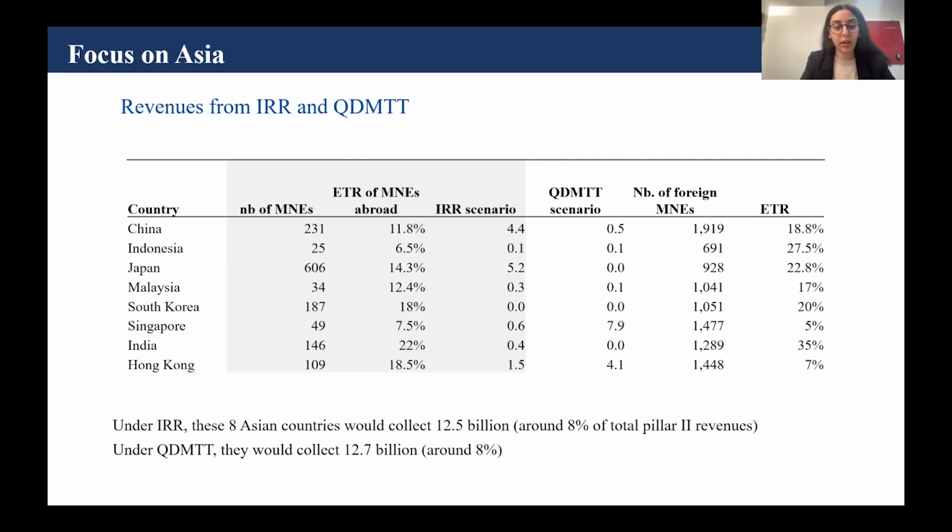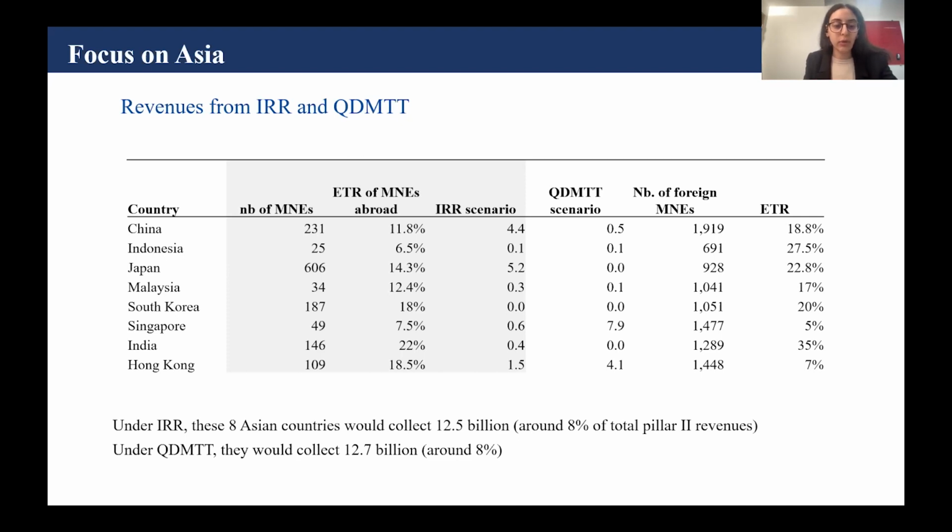And under the IRR scenario, Singapore would collect 0.6 billion. Now, if we move to the QDMTT, what we also observe in the data is that there are around 1,477 multinationals operating in Singapore. Their ETR is on average 5%, and that's why Singapore, if they apply the QDMTT scenario, will be able to collect 7.9 billion euros, because the ETR that they have is low.